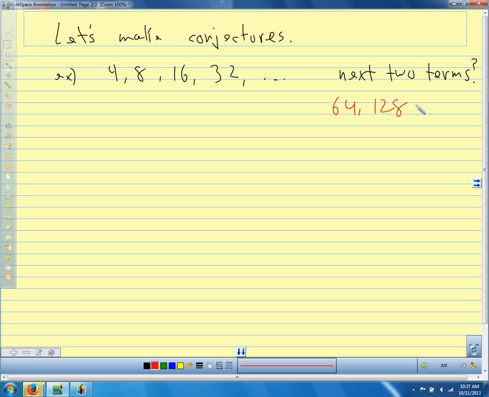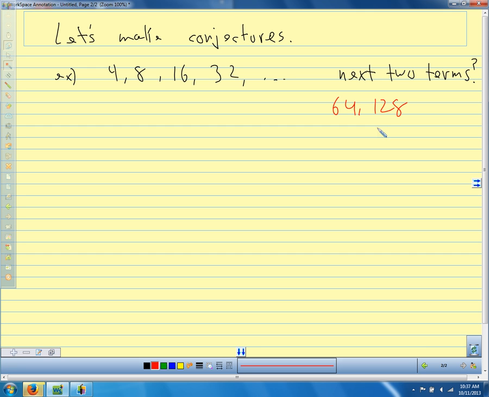What are you doing to the numbers to get the next ones? Multiply by 2. So Sam looked at this pattern, he says, take this number, multiply it by 2. Take that number, multiply by 2. If I multiply that by 2, I get 64. That number I get 128. So that's Sam's conjecture. Multiply by 2 is the rule. So these two would be the next two terms.